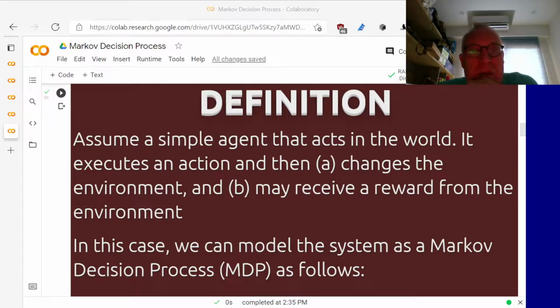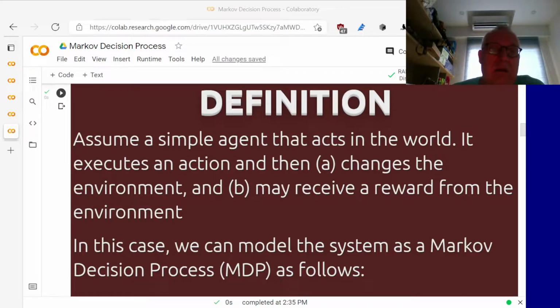So the agent executes action in the environment. The environment sort of reacts, or things happen in the environment. And that in itself wouldn't be enough to actually allow us to train and pick good actions or bad actions. So we must receive some sort of reward signal at least sometime during the execution of the agent.